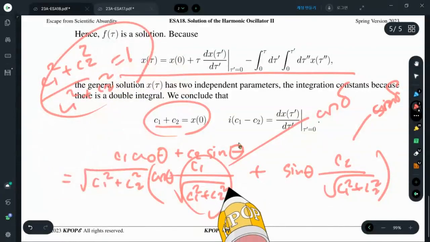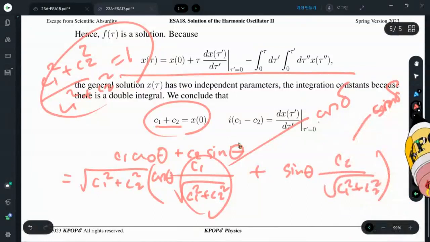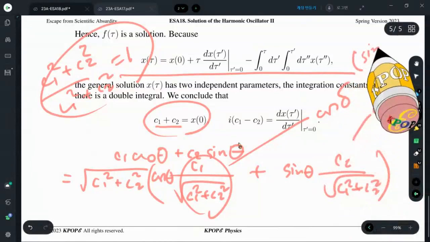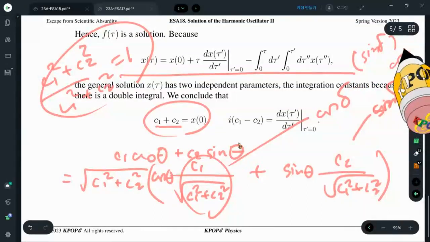So we can always parameterize these two as a cosine and sine, or sine and cosine.